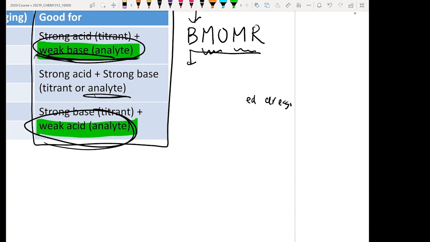So that's the first part. For the second part, you have a strong acid or strong base as your analyte. Then the indicators you are going to have are bromothymol blue and phenol red. The way I remember is: sleeping baby are precious. You can create your own way to memorize the things.